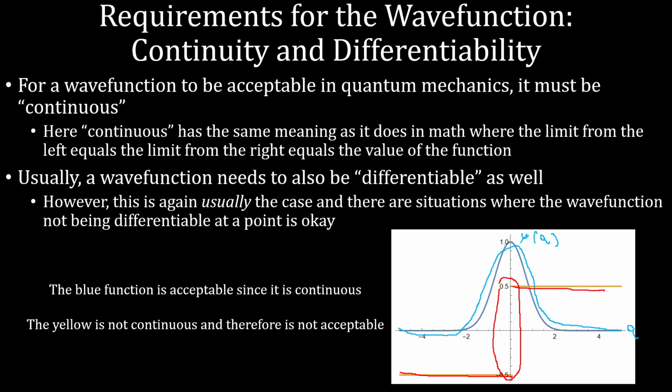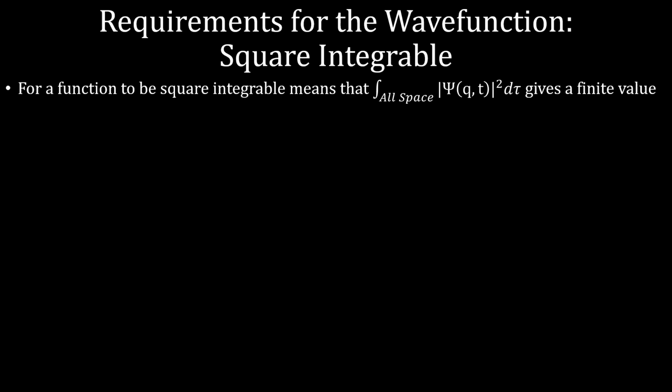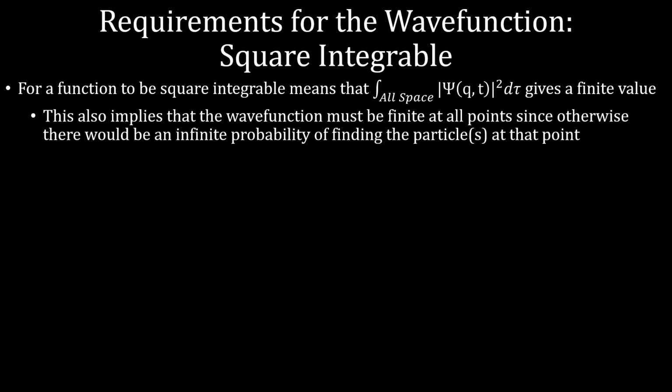And now, as a final requirement, we have that the wave function has to be square integrable. Let's talk about what this means. For a function to be square integrable, this means when we integrate across all space the norm square of the wave function, we need to get a finite value.